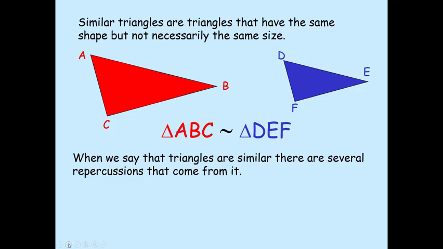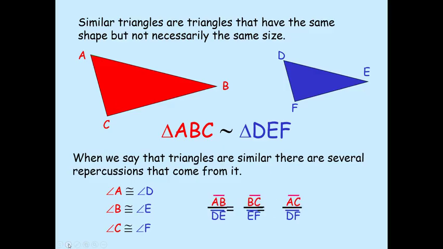When you say that triangles are similar, there are several consequences. Angle A is congruent to angle D, angle B is congruent to angle E, and angle C is congruent to angle F, which means they have equal measurement. However, the sides are proportional. So AB is proportional to DE, BC is proportional to EF, and AC is proportional to DF.